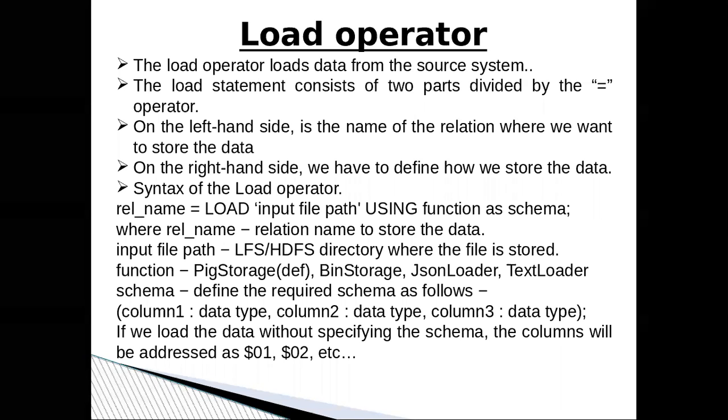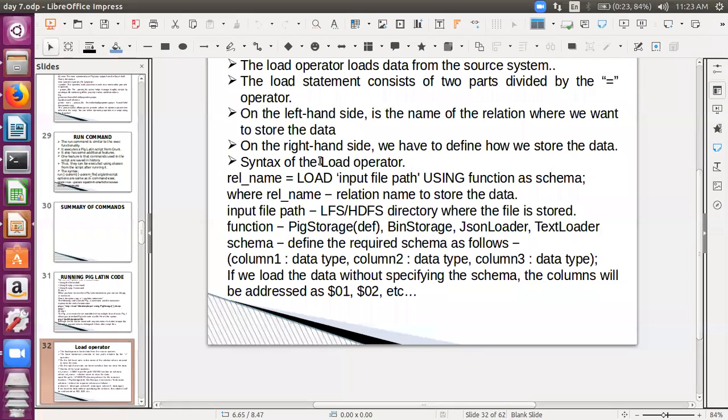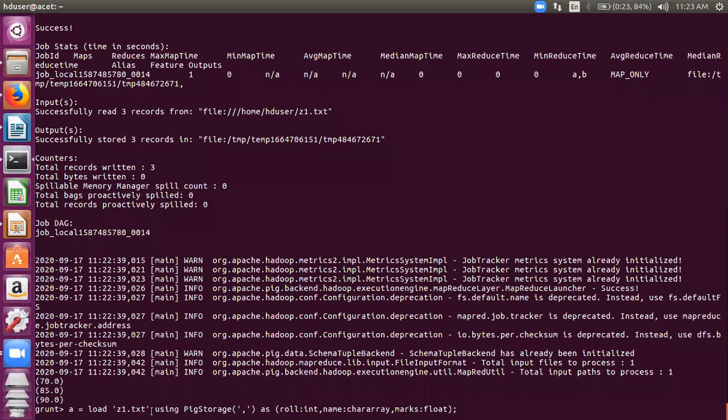It's very important. Okay. And remember, right now we are working with the local file system. That's why there is no path, because if it is HDFS, then you must give a proper path here. If you just write z1.txt here, and suppose we are using HDFS mode, then where would this file z1.txt be located?